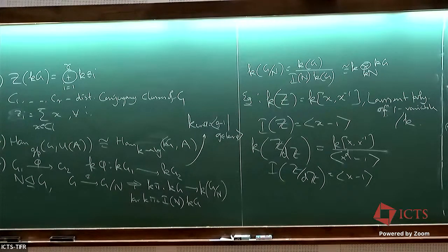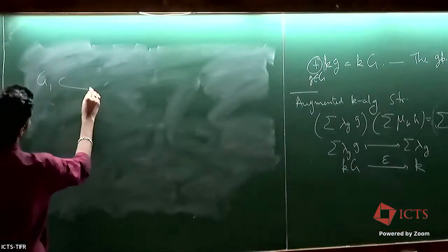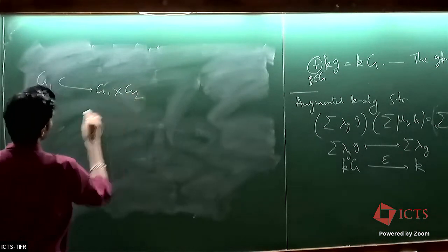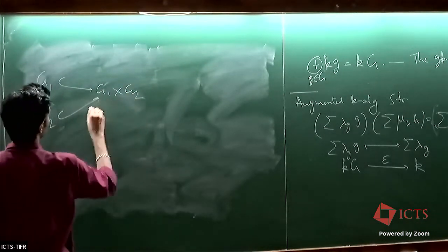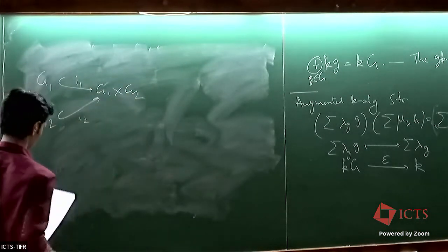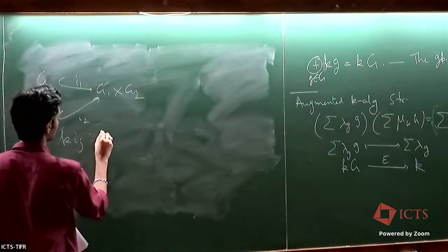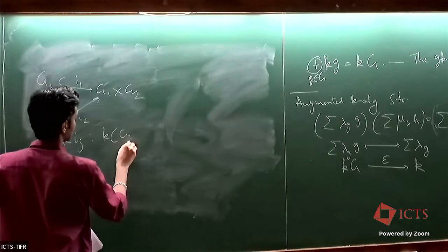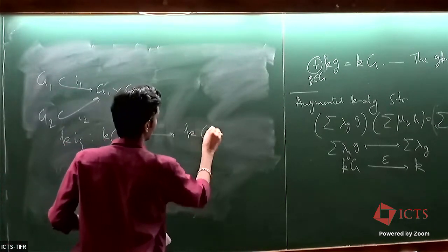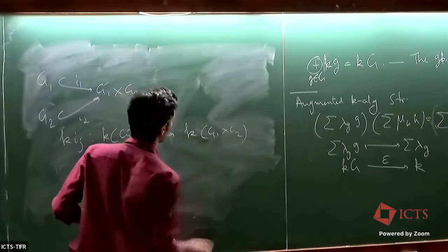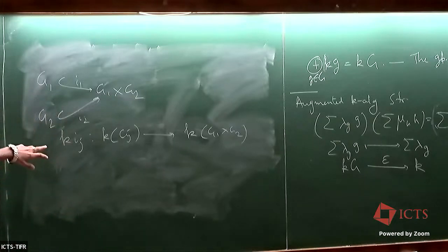Now, for a product of groups, one has these two inclusions, G1 into G1 cross G2 and G2 into G1 cross G2, call them i1 and i2. So via the functoriality this gives us Ki1 and Ki2 from KGj to K[G1 cross G2]. Now observe that elements in the image of Ki1 and elements in the image of Ki2 commute among themselves.